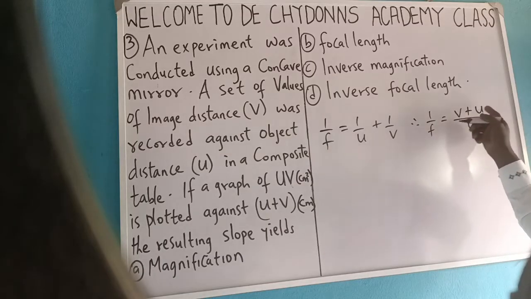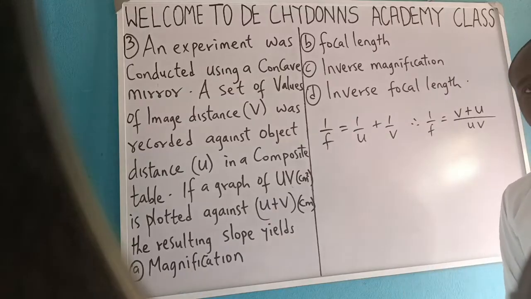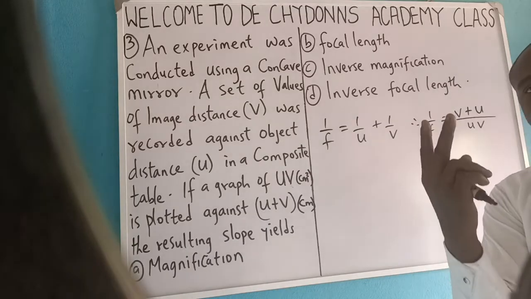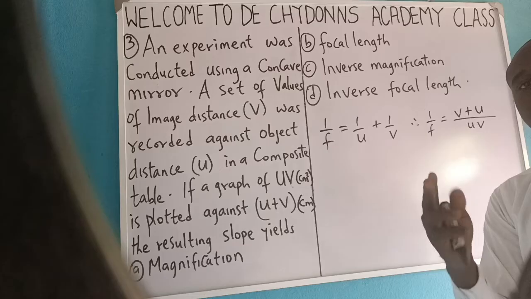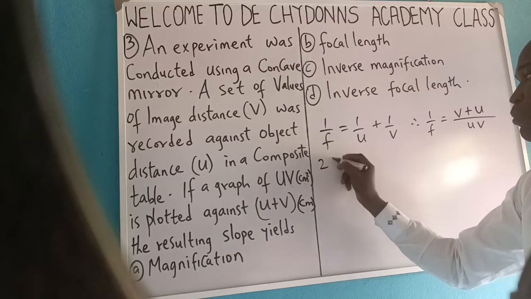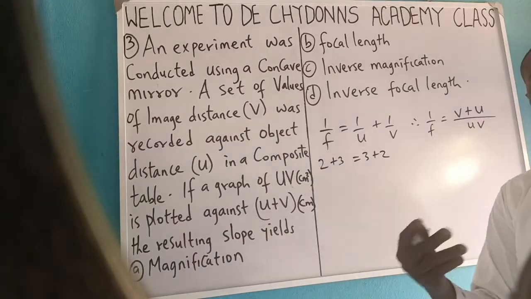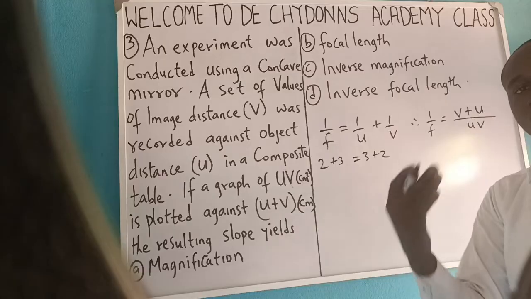Now v plus u is the same thing as u plus v. Why do we say that? Addition of two numbers is said to be commutative. Look at what we mean: 2 plus 3 is equal to 3 plus 2. Addition of two numbers is said to be commutative.